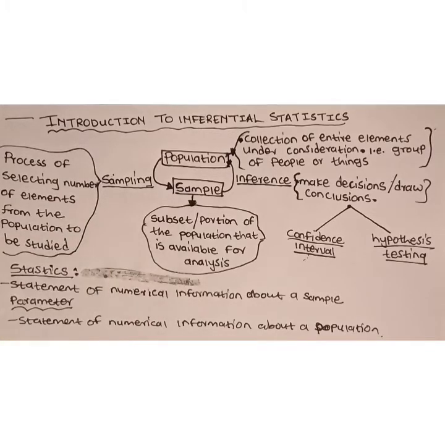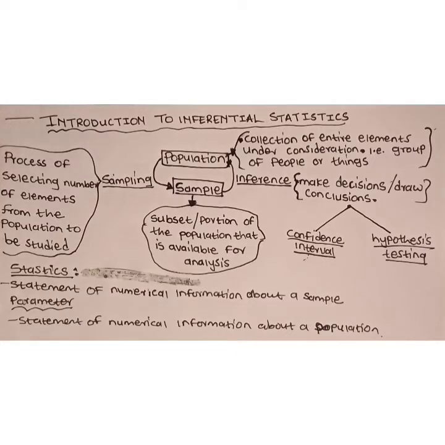Under inference, we have confidence intervals and hypothesis testing. A confidence interval is a range defined by a specific probability that the value of a parameter lies within it. Hypothesis testing allows us to make probabilistic statements about the population.